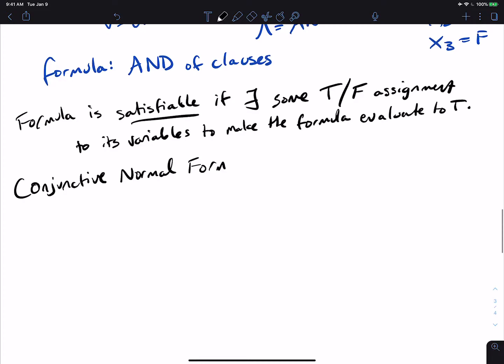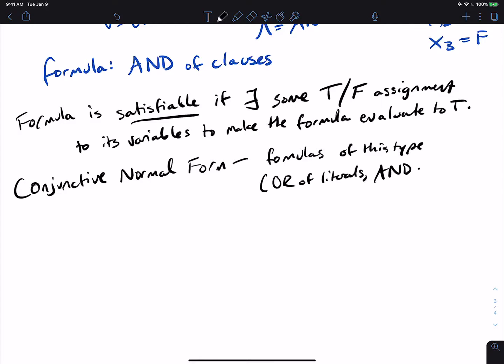It's formulas of this type, i.e., an or of literals and an and of clauses. If the formula is in a different form, then it's not in conjunctive normal form. And so CNF is the terminology we'll use for this.